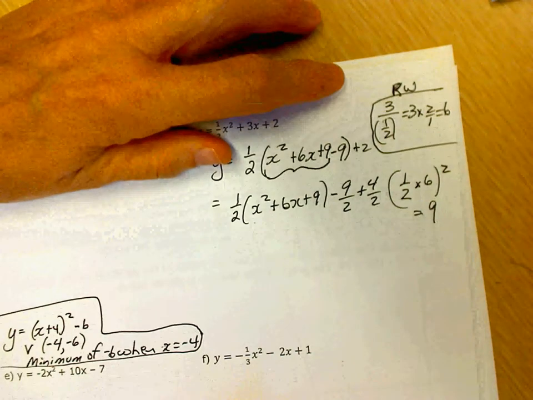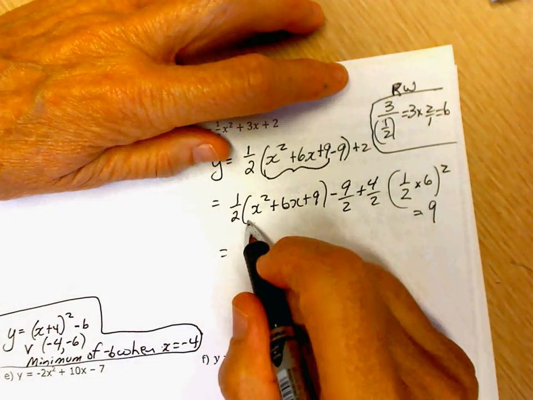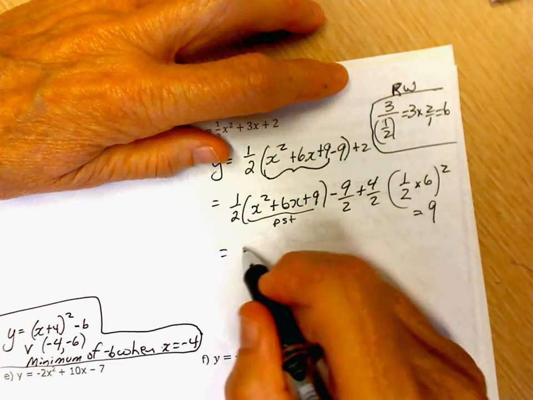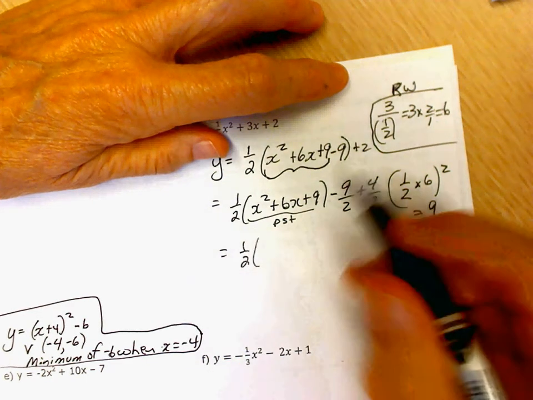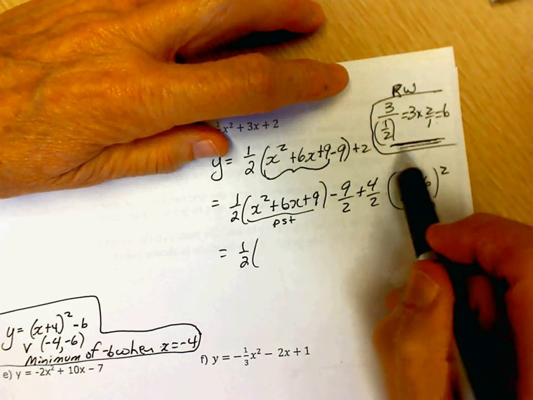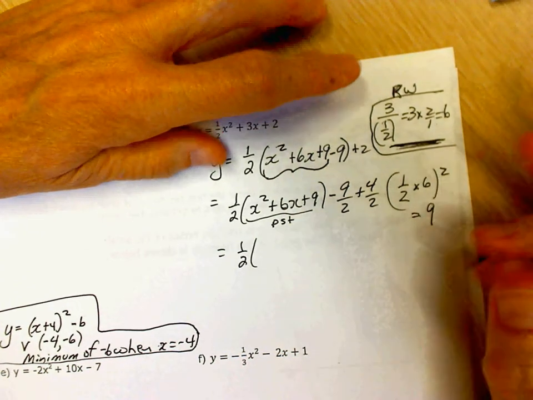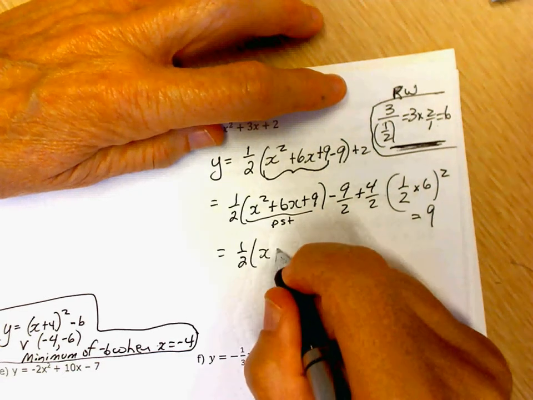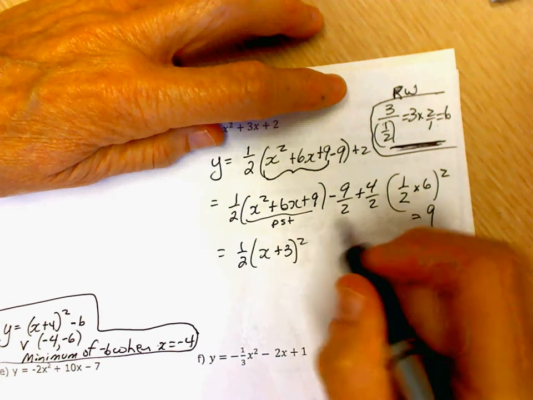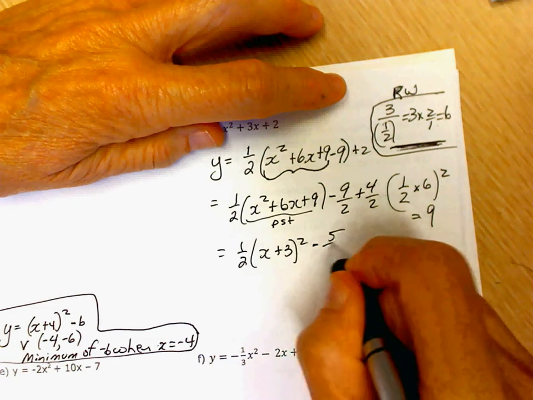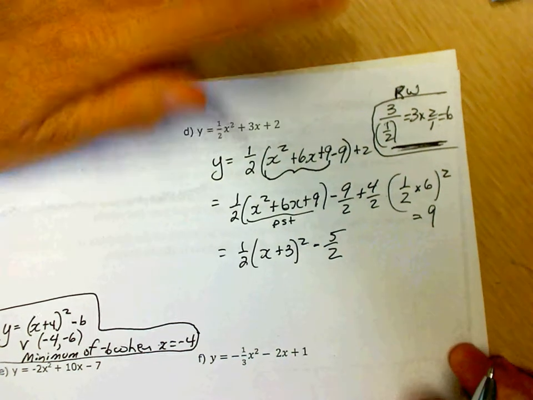So again, we know this is our perfect square trinomial, so we know it's easy to factor, and we know that because of this trick with the halving and squaring of the coefficient of the linear term. So we have a perfect trinomial square here, x plus 3 all squared, and that's going to be minus 5 over 2.